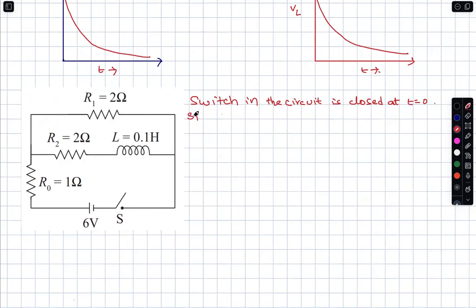Step 1: t is equal to 0 circuit. At t is equal to 0, the inductor becomes a conductor. You know that. What will happen?